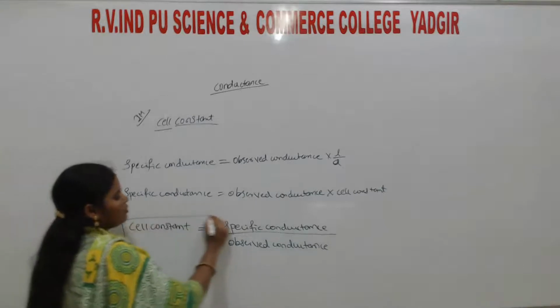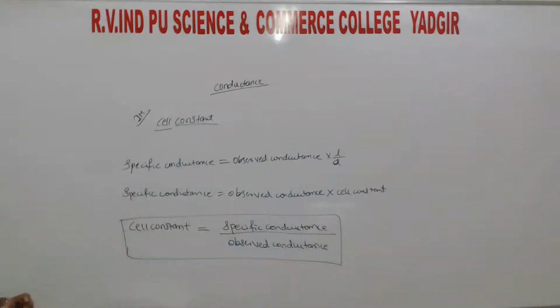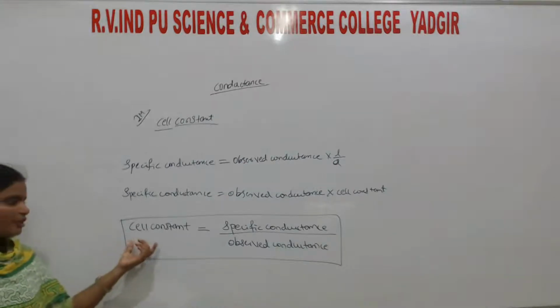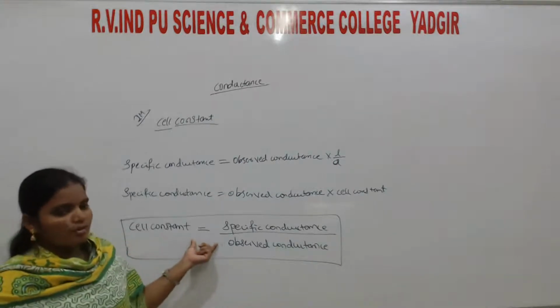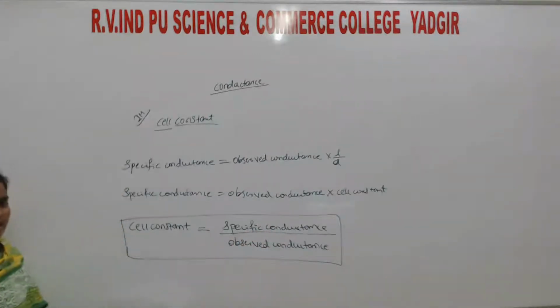This is the formula for the cell constant. When you are finding the cell constant value, you use this formula: specific conductance divided by observed conductance.